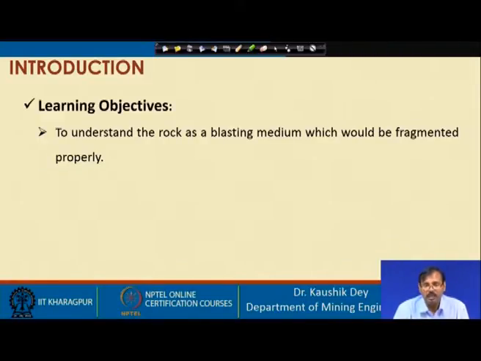We have to drill as per our desired drilling pattern, so that we can distribute the explosive spatially inside the rock mass, and this spatial distribution will give us good distribution, which can give us the better fragmentation, the desired fragmentation of the rock mass on explosion of this explosive.